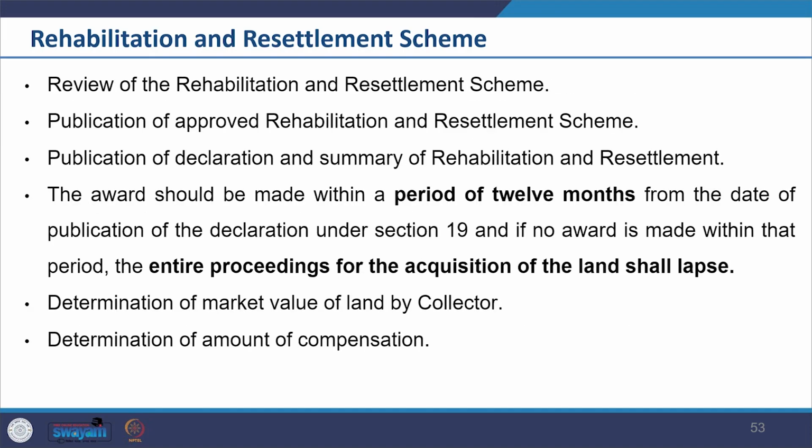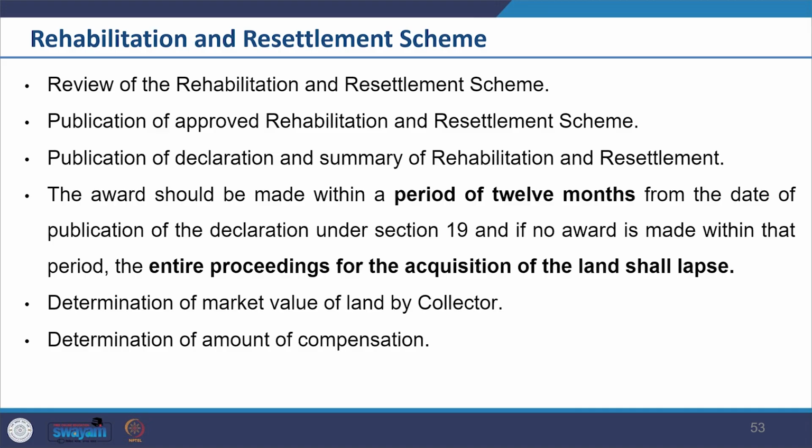Further, it also gives you what kind of procedure has to be followed, such as there will be a review of the rehabilitation and resettlement scheme, and then the approved rehabilitation and resettlement scheme has to be made public, and publication of the declaration and summary of the rehabilitation and resettlement has to be made.